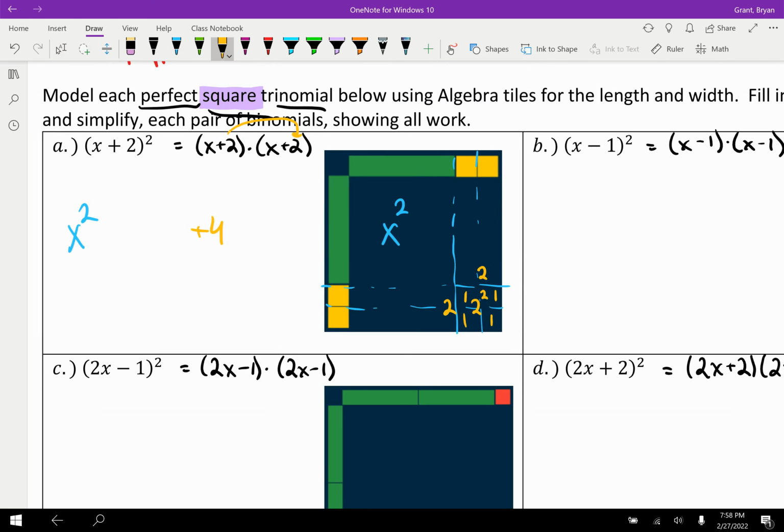And then we have the x squared to start. However, to find the rest, we had 2x's down here and 2 more x's over here. So we had 2x's plus itself plus 4, which gives us x squared plus 4x plus 4.